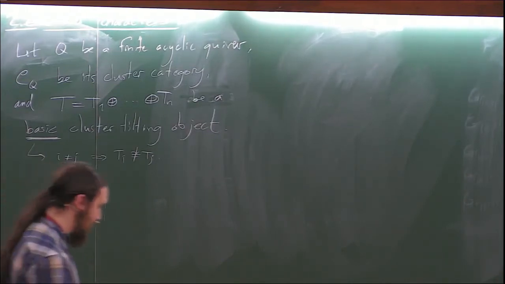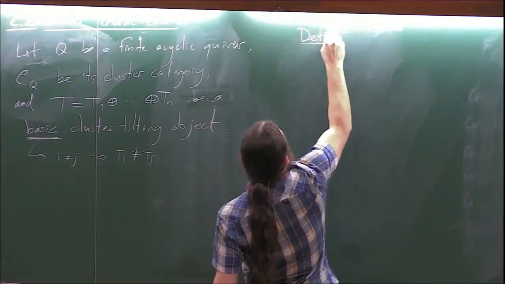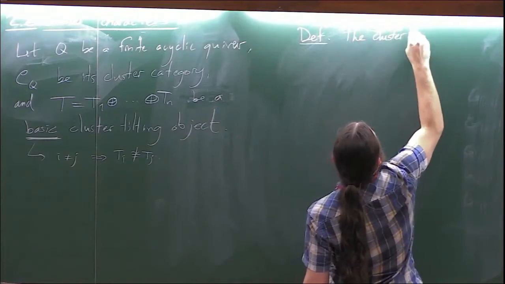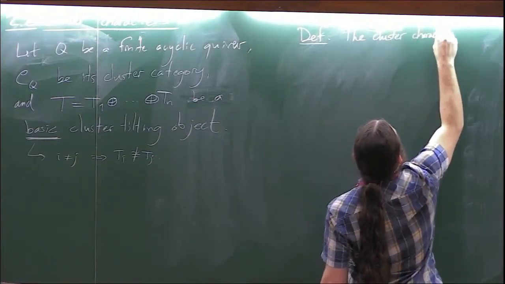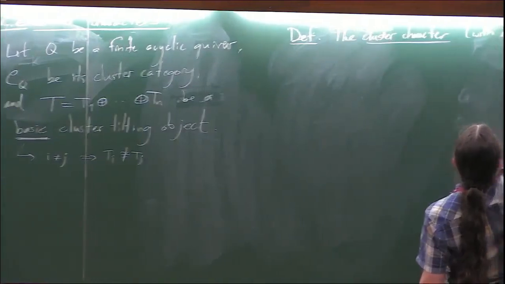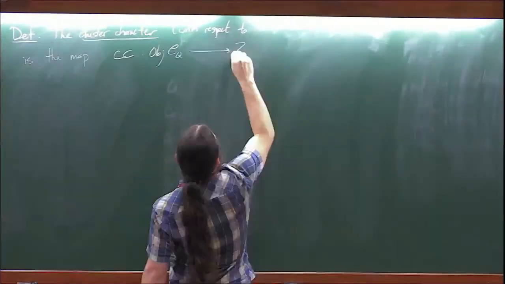Okay, so let's define now the cluster character associated to T. This is the map, which I'll denote by CC.